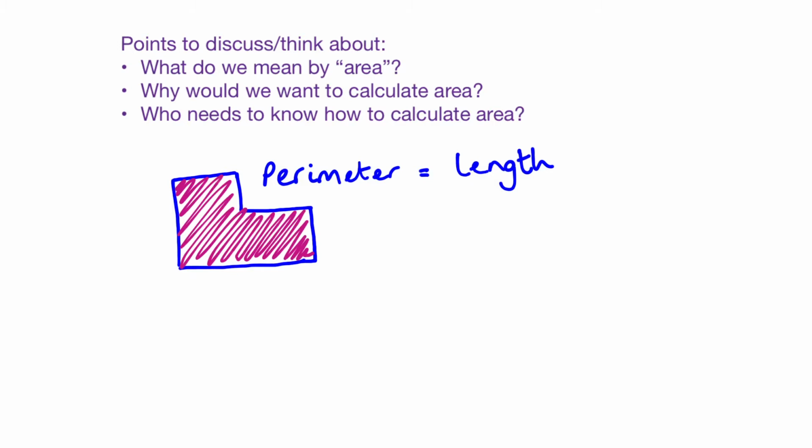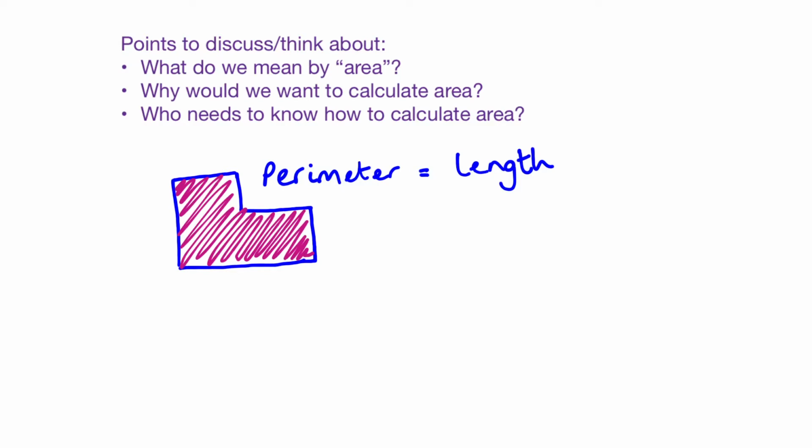If you were doing another project in the garden where you needed to cover with slabs or chips, you would need to know the area that you would want to cover to make sure you can budget correctly and buy the correct amount. Inside the house, if you're painting a room or if you were wallpapering a room, you would need to know what area you had to cover on your walls.